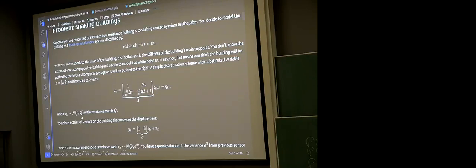We say this noise variable is Gaussian distributed with some process noise covariance matrix Q. Think of this process noise as external disturbances, anything that causes the building to evolve in a way that isn't governed by the A z_{k-1} part.